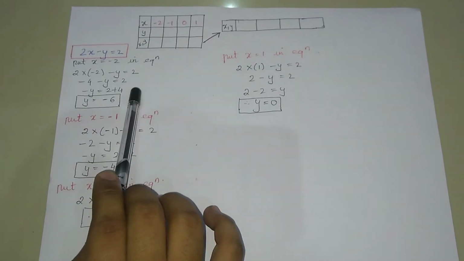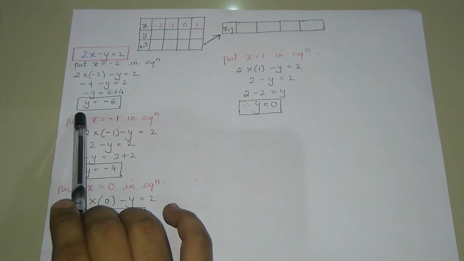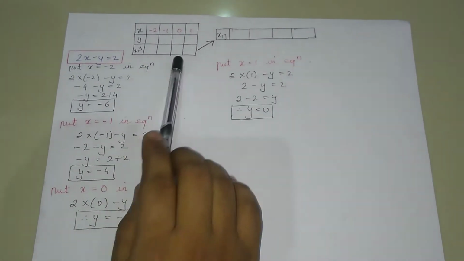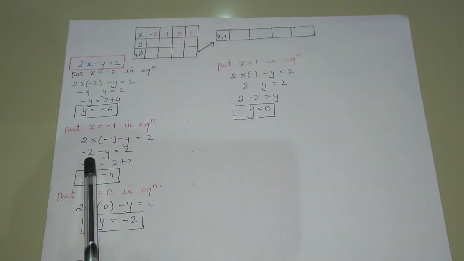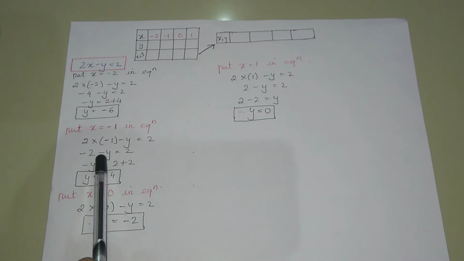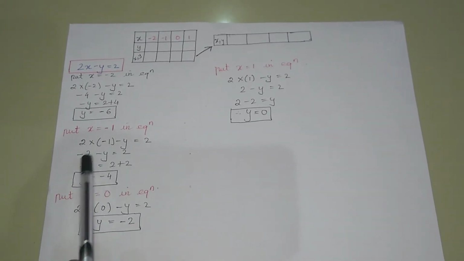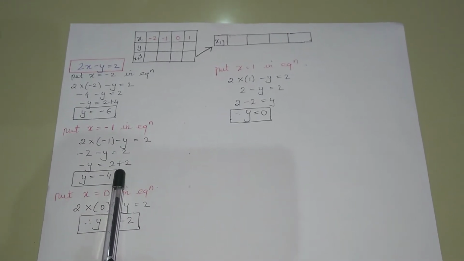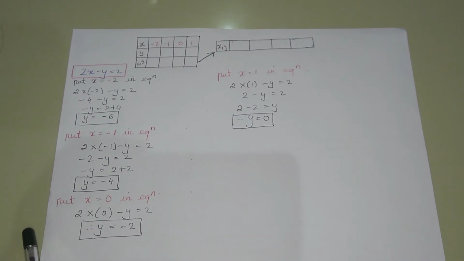The 4 comes to the other side, so minus y equals 6, so y equals -6. Similarly, put x equals -1 in the equation. 2 times -1 is -2, minus y equals 2. Therefore minus y is 4, so y is -4.